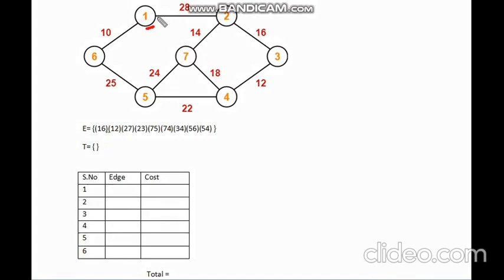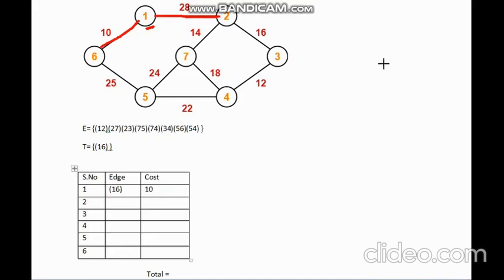Then from 1 I have the edges 1 to 2 and 1 to 6. So 1 to 2 is 28 and 1 to 6 is 10. Which is the least one? 1 to 6. So here 1 to 6 is removed, then I am adding 1 6 and taking 1 6 as the first edge with 10 cost.